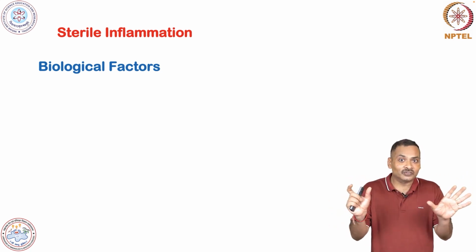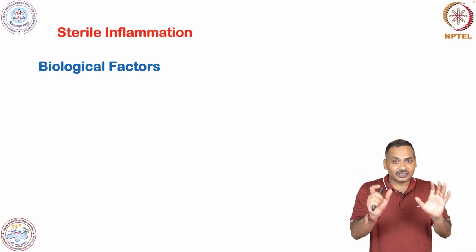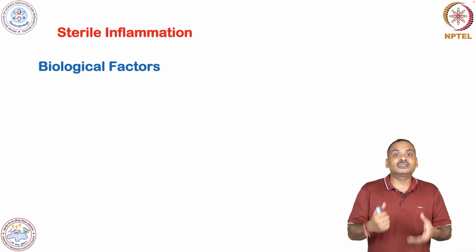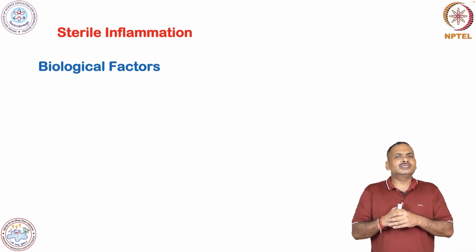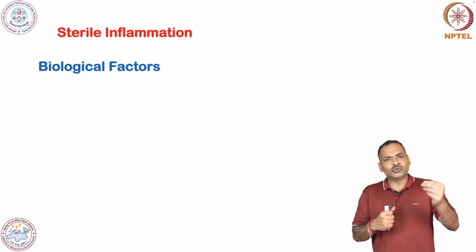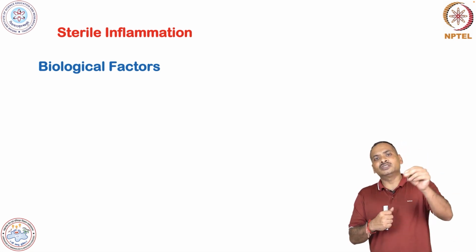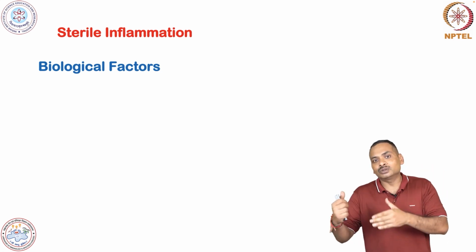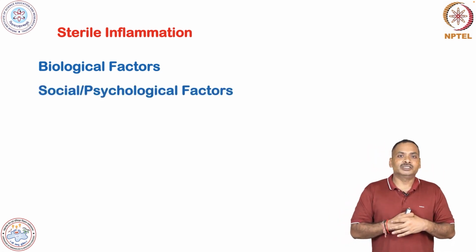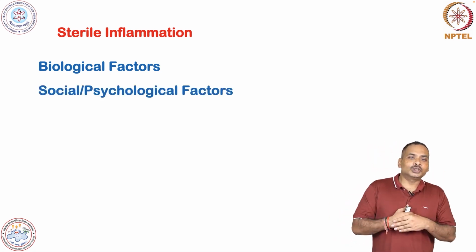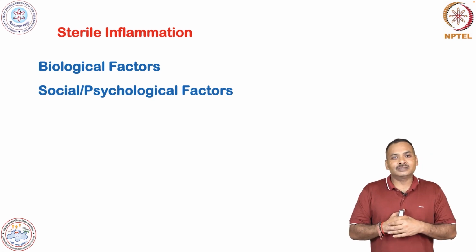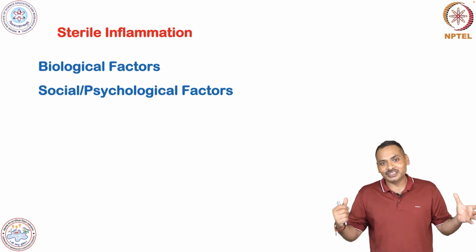Here there is no infection, therefore we call it sterile inflammation. Or there is some tissue factor which is released from the tissue, and that will keep on inducing inflammatory cytokines. So that will also cause sterile inflammation. There could be social and psychological factors. This has a huge range.